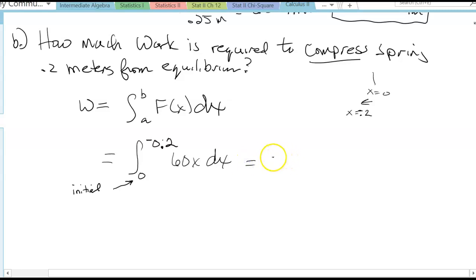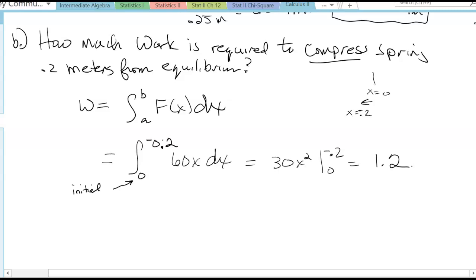So what's that give me? 30x squared when I integrate from 0 to negative 0.2. Do the work, and you get 1.2. Now, let's talk units for work. So we have a distance times a newton.